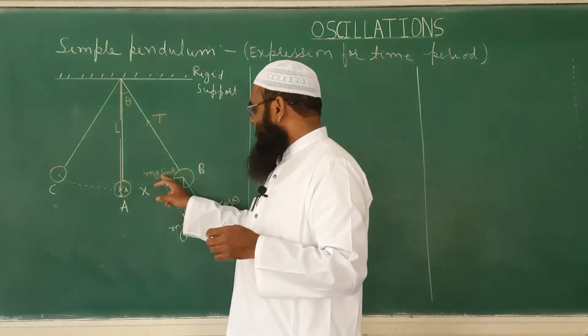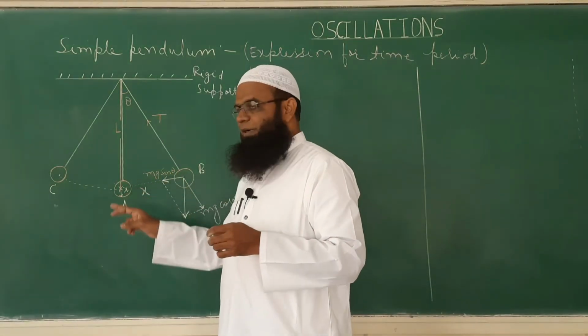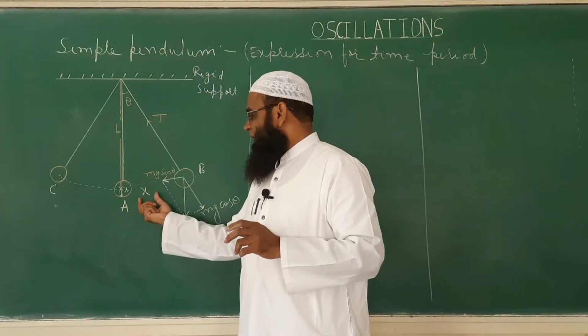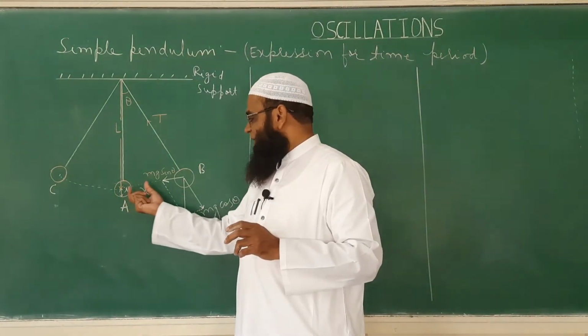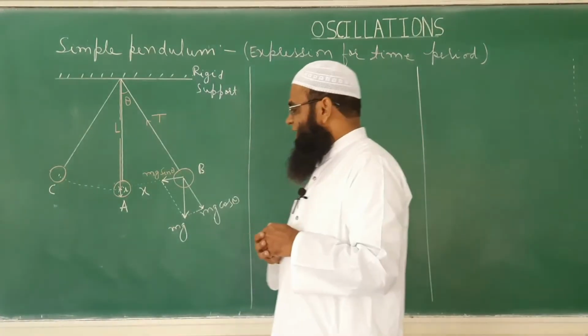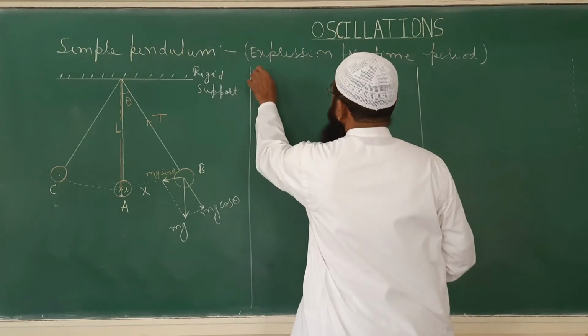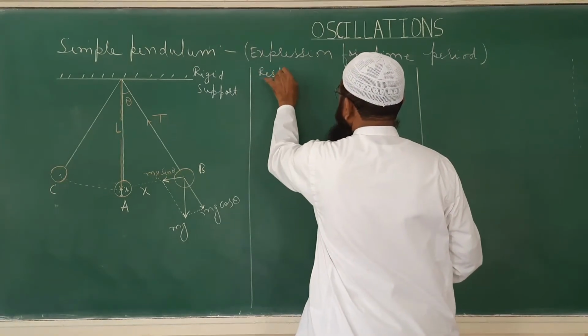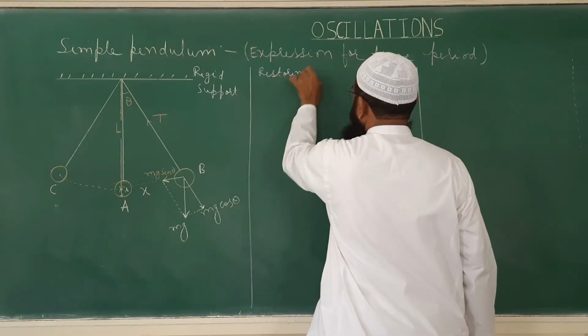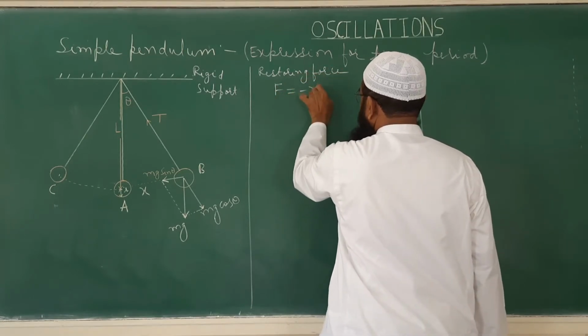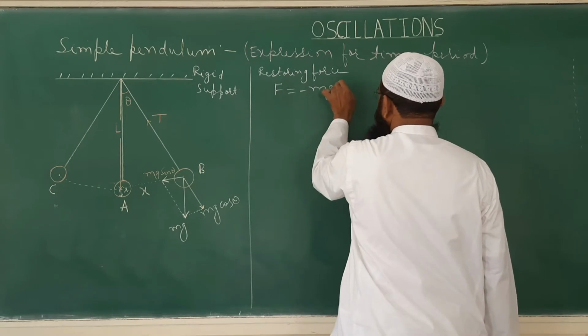So this mg sin theta component is nothing but simply the restoring force, and here x is the displacement of the bob from its mean position. So we can write the restoring force F as F equals minus mg sin theta.